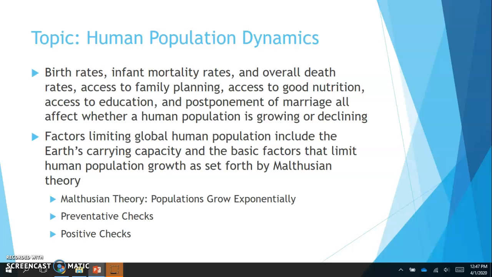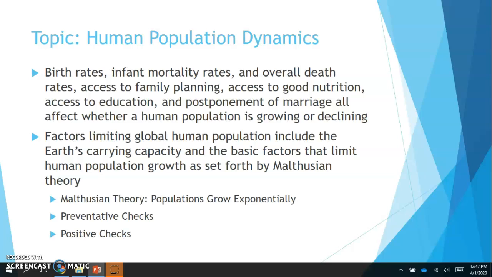And then basic factors that limit human population growth are set forth by a Malthusian theory. The Malthusian theory is just that populations grow exponentially. So if they have access to resources, human population will just continue to increase. But it also states that there are preventative checks and also positive checks that kind of keep population in place.